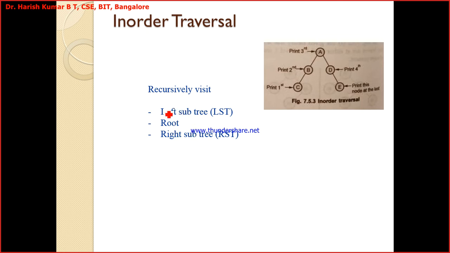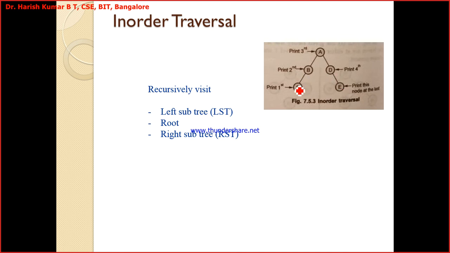If I'm visiting in this order, node C is the one that will be printed first. See, the order of printing I have also written. First C gets printed, next B gets printed, next A is the third print, next the fourth print is D, and the last final print is E. So it is C, B, A, D, E. It is in this order it gets printed. So that is the Inorder Traversal of this tree.